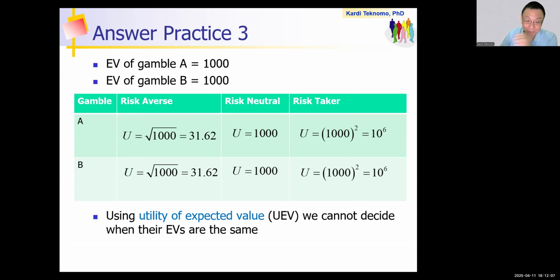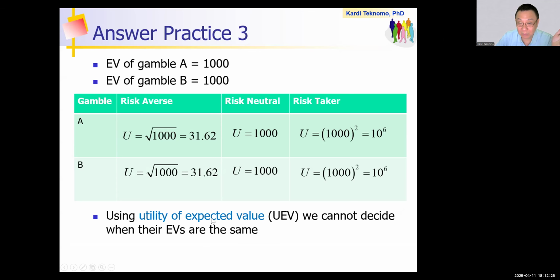So then how are we going to make decision based on utility? In that case, you don't compute utility of the expected value. What you compute is actually expected utility. Can you see the difference?